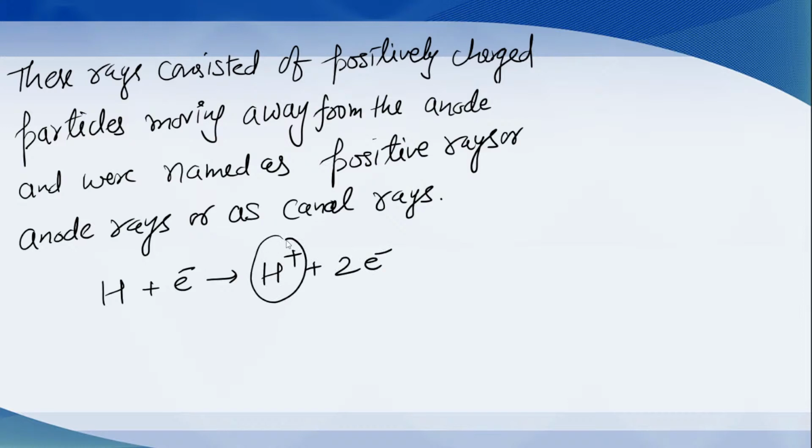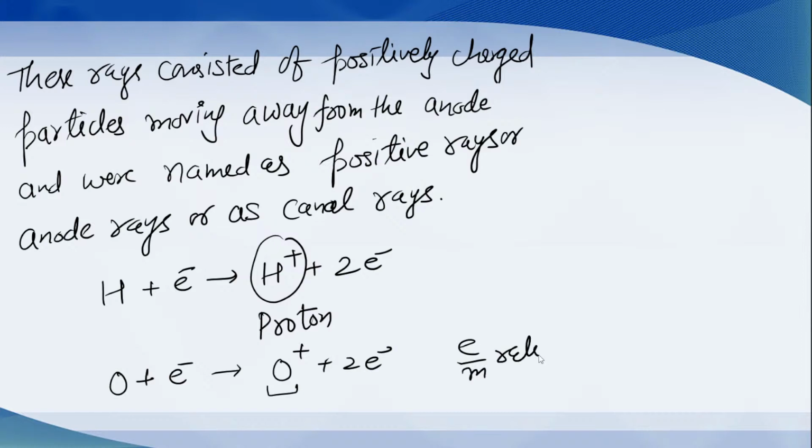So what is left? H plus. That is a proton. If we have oxygen gas and it loses one electron, it is O plus. Obviously, it is not a proton. Its nature is different. Its charge to mass ratio is different.